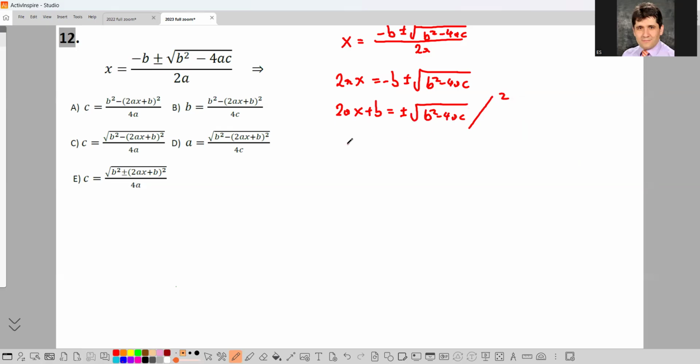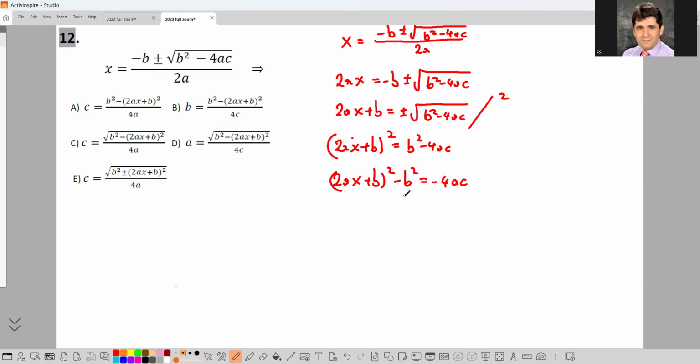Then I square both sides, so I get 2ax plus b all squared is equal to... When I square the right side, the root and the square cancel, so I get b squared minus 4ac. That means 2ax plus b all squared minus b squared is negative 4ac.